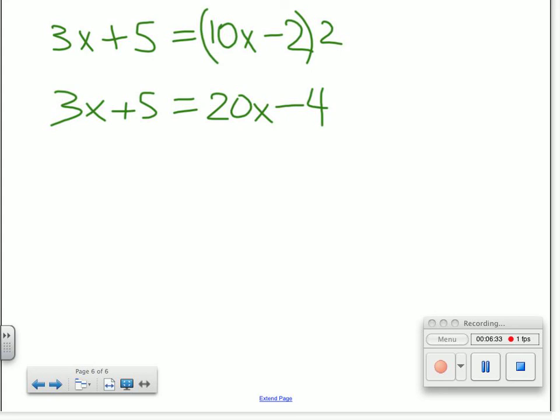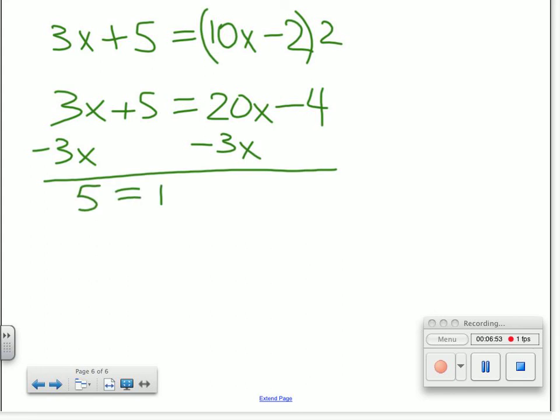So let's solve the rest of the problem now. It's 3x plus 5 is equal to 20x minus 4. So I'm going to subtract 3x from both sides. When I do that, I end up with 5 is equal to 17x minus 4. So I'm going to add 4 to both sides.